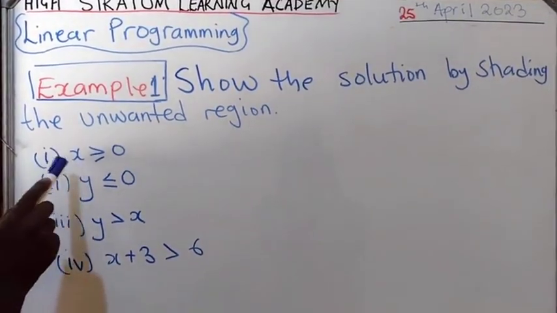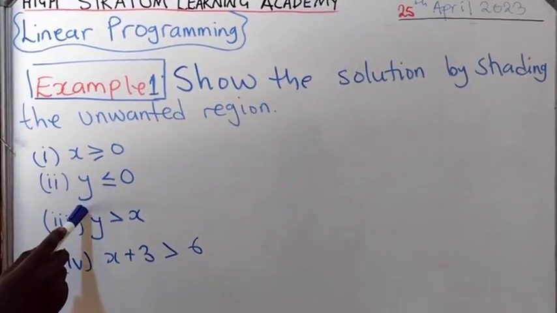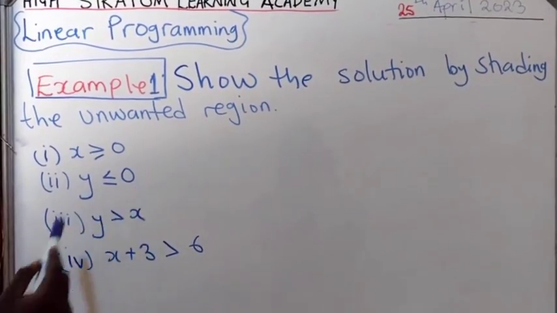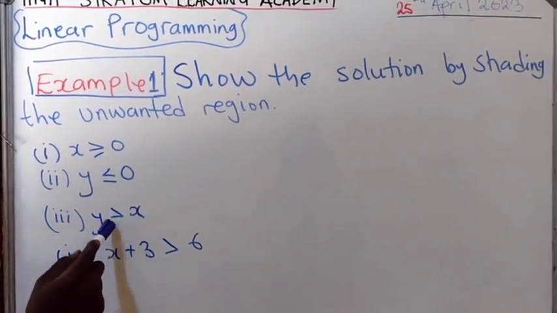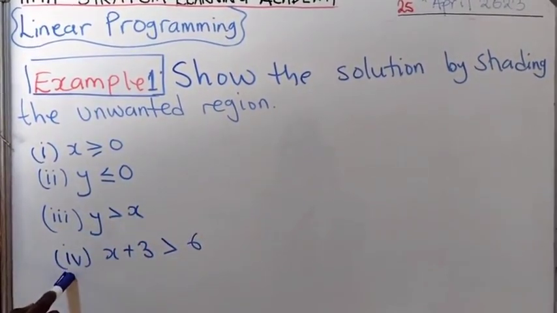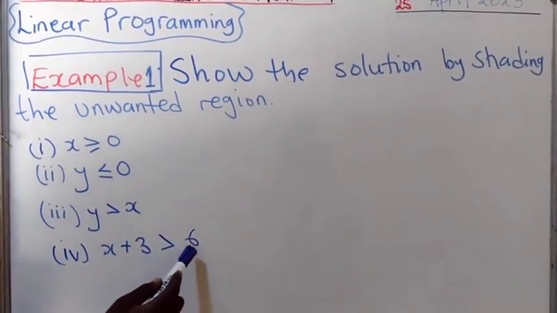So show the solution by shading the unwanted region. We have the first one, x greater or equal to 0. The second one, y is less or equal to 0. The third one, y is greater than x. The fourth one, x plus y is greater than 6.